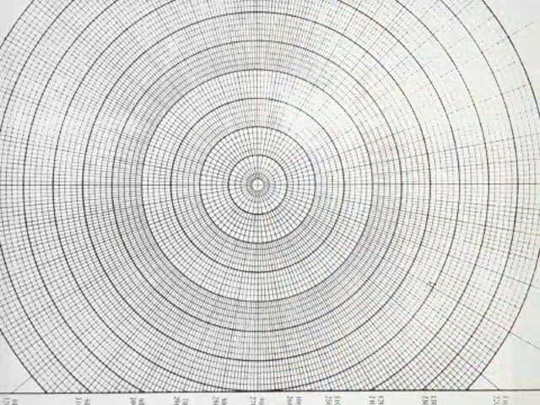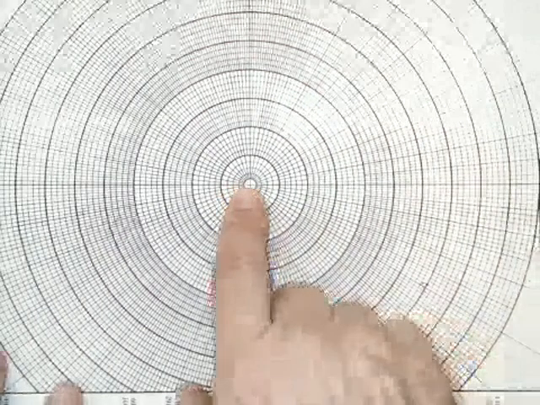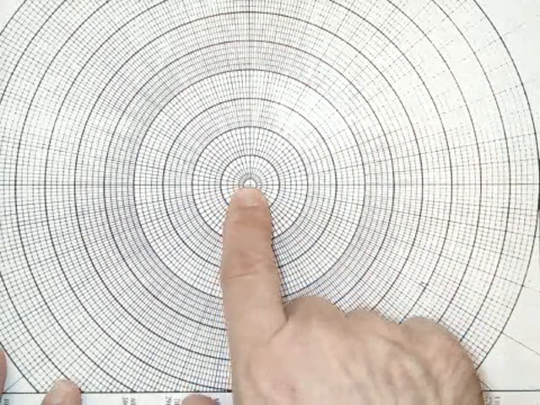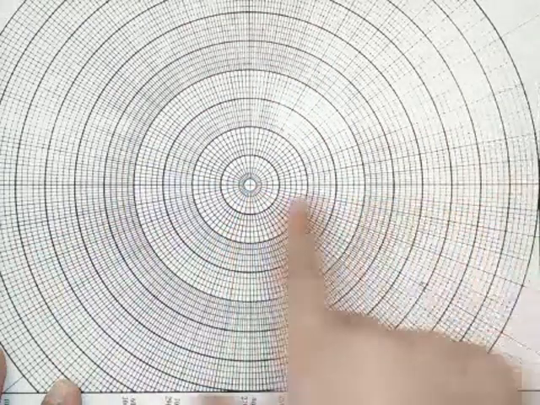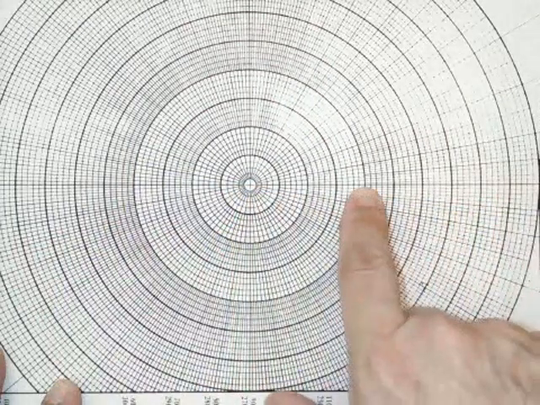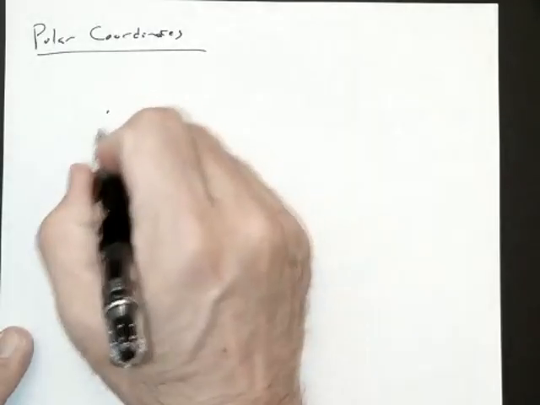I've got a y-axis, but I've superimposed that with a set of circles and a set of angular measurements instead of a Cartesian xy grid. This is our polar grid. We have a pole, the origin, and for convenience, I will put the primary part of the x-axis as my polar axis.